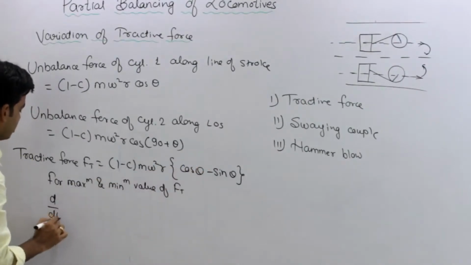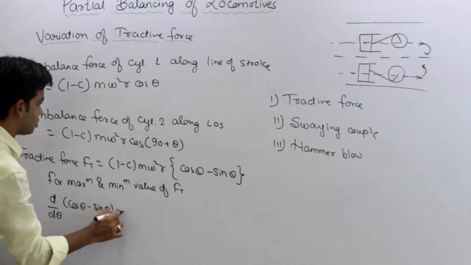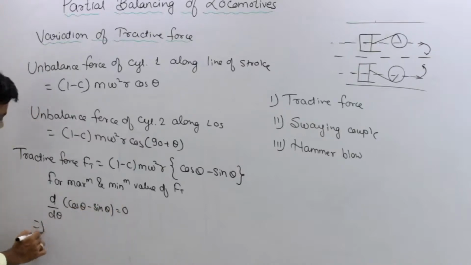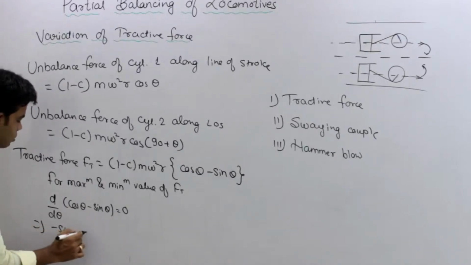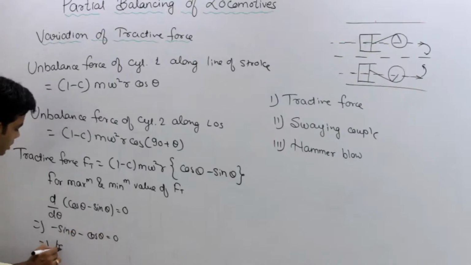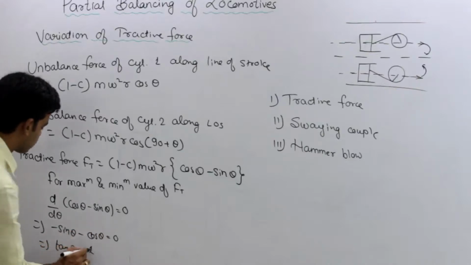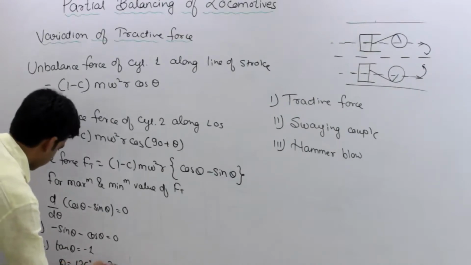d by d theta of cos theta minus sin theta should be equal to 0, or you can say minus sin theta minus cos theta should be equal to 0, or tan theta should be equal to minus 1, or theta is equal to 135 degree or 315 degree.